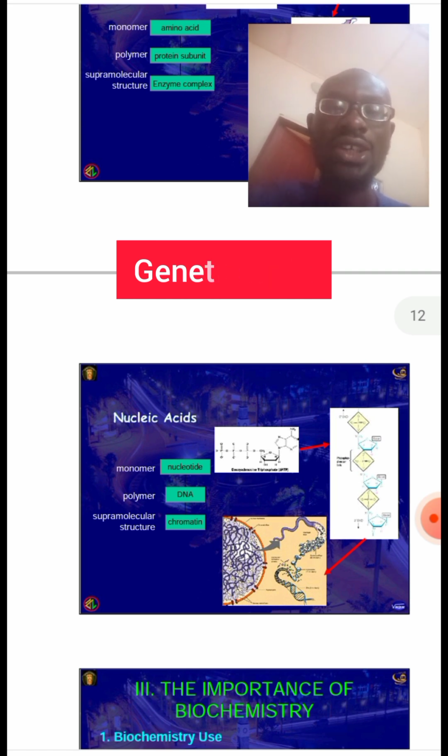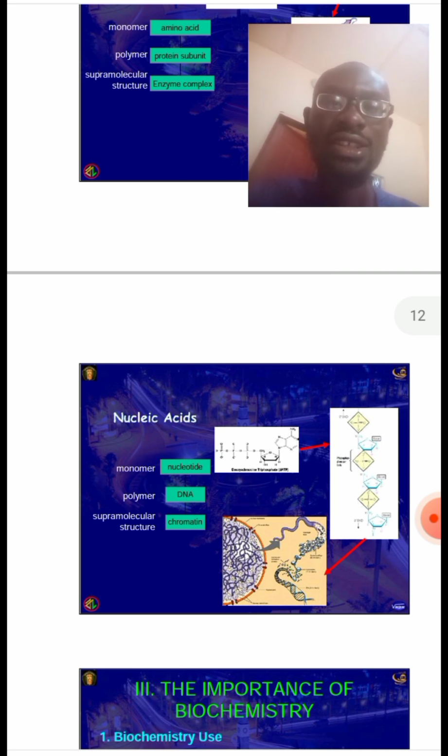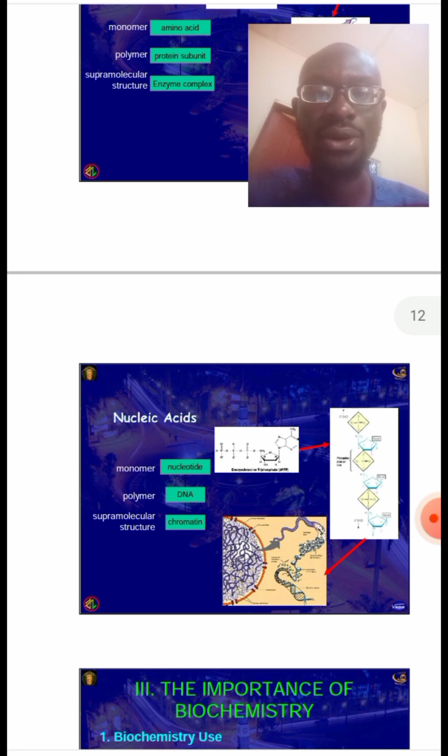So you see that there's a connection between nucleic acids and proteins. Without nucleic acids, functional proteins cannot be formed. And if these functional proteins are not formed, then the biochemical reactions in the body of the plants or animal or living thing would not be made possible. So these are the things you need to bear in mind.